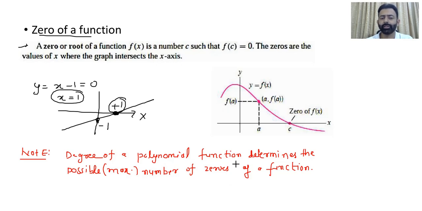The degree of a polynomial function determines the possible number, or the maximum number, of zeros that function can have.